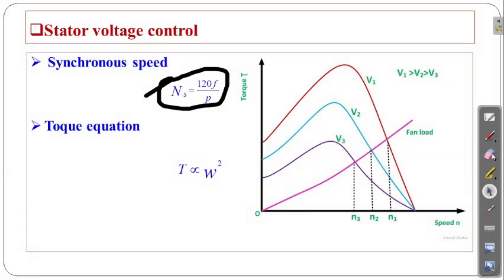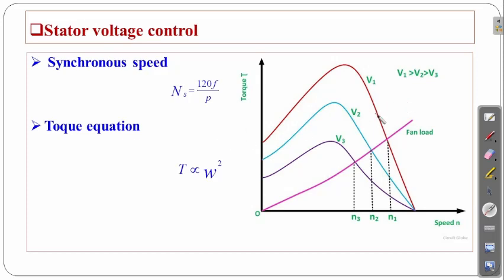The synchronous speed is Ns equal to 120 f by p, and in the torque equation, T is proportional to ω squared, which is the speed. See here, the torque T is on the y axis and the speed is on the x axis.